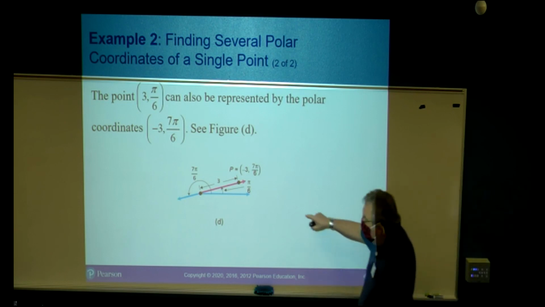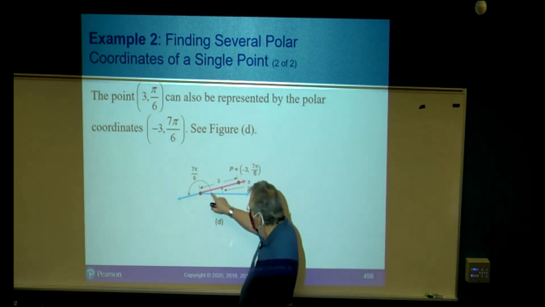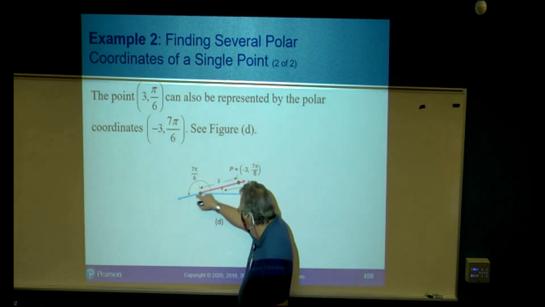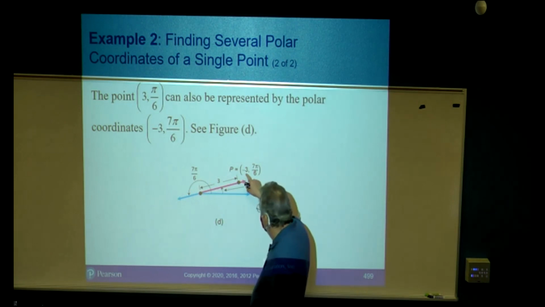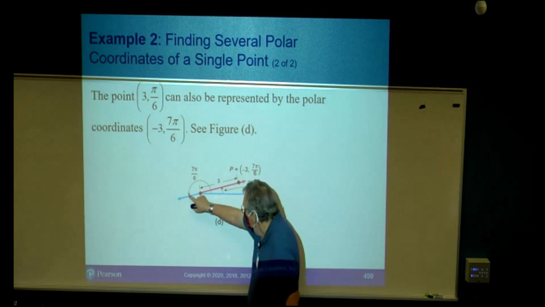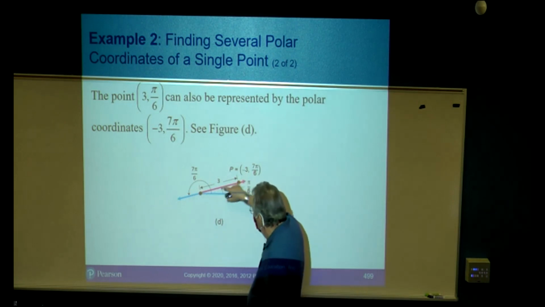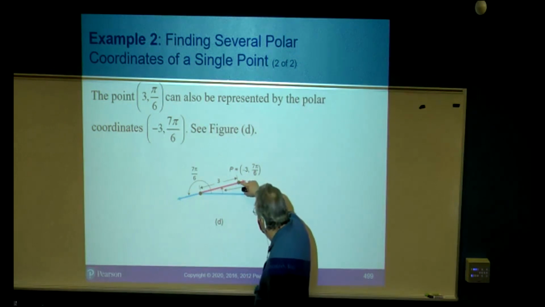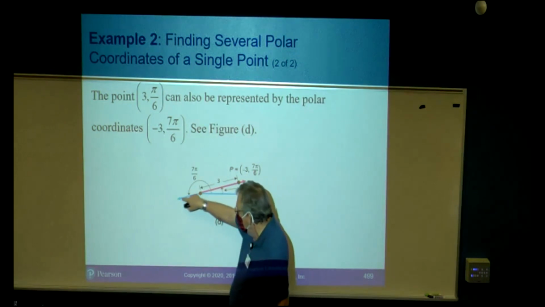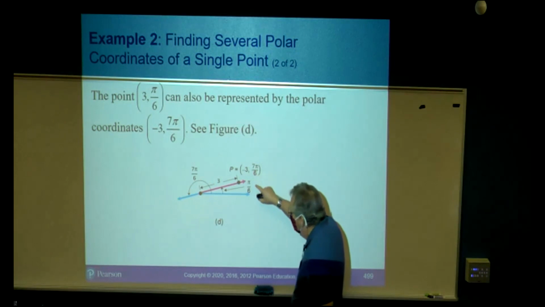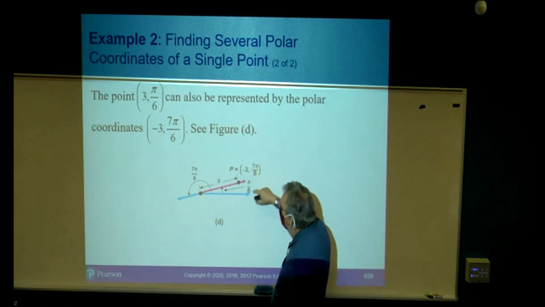So, yeah, they talked about going to the angle that's going in the opposite direction. And then that means our radius, if we want to back up this way, rather than go the same direction that this ray is going in.